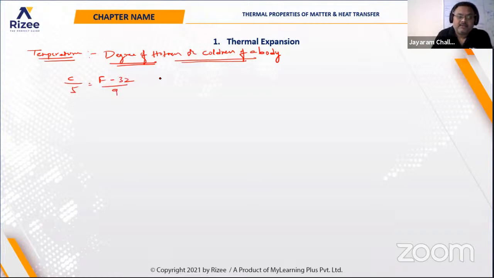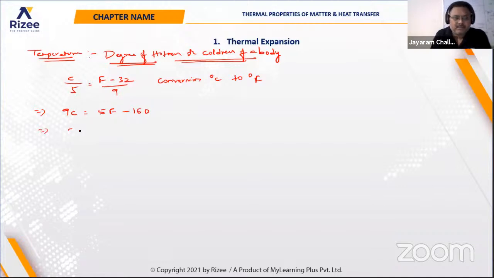This is a conversion from degrees centigrade to degrees Fahrenheit, or it can be written as 9C is equal to 5F minus 160. If I want C on the y-axis, then 5 by 9 into F minus 160 by 9.